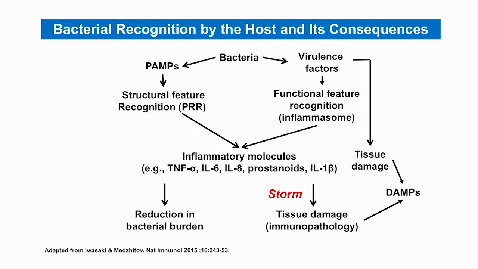And tissue damage, for example, necrosis, is able to release molecules which are called DAMPs, for danger-associated molecular patterns, which are able to induce or perpetuate, accentuate inflammation in the context of sepsis. This is very important because we should consider this potential role of DAMPs in the inflammatory response to infection.